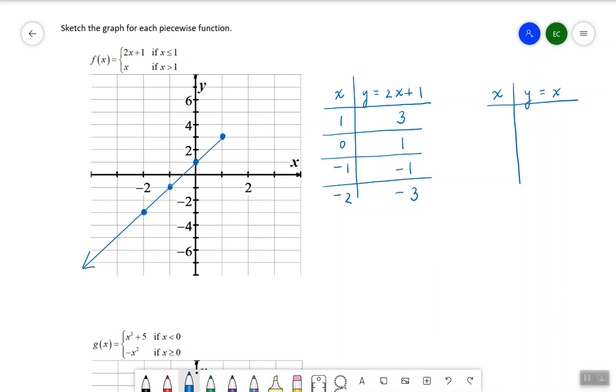Okay, and then the next rule is y equals x. And so what values should we put in for x this time? Well, the restriction says x is greater than 1. So sometimes students say, well, let's start with 2, and then 3, and then 4.